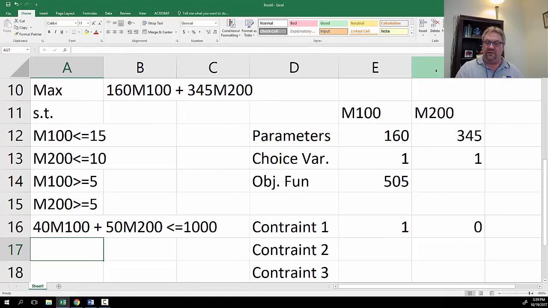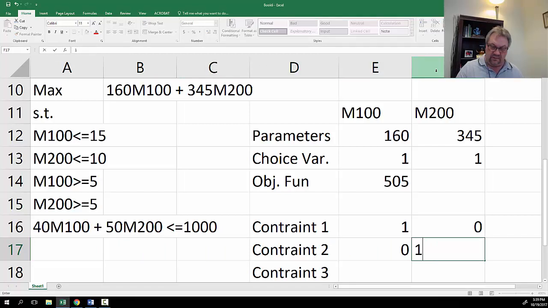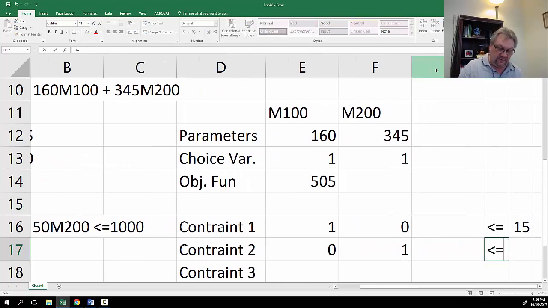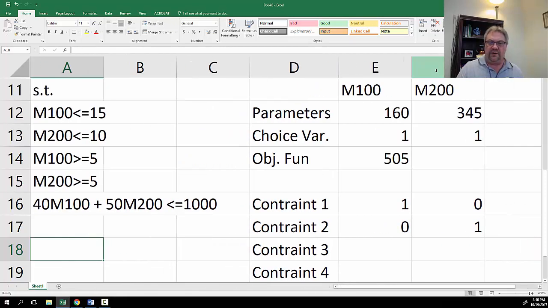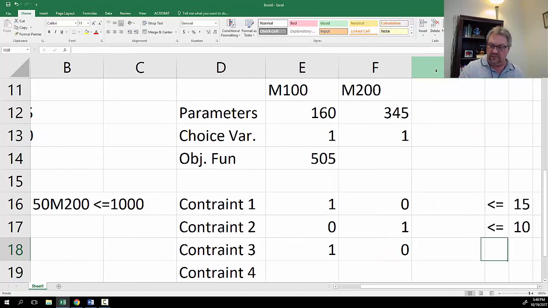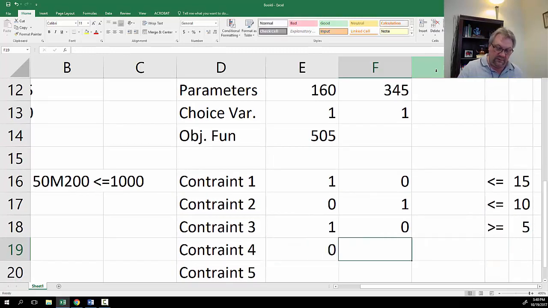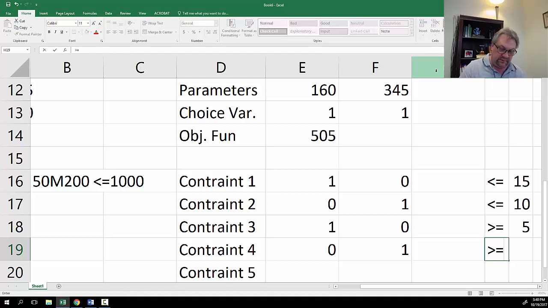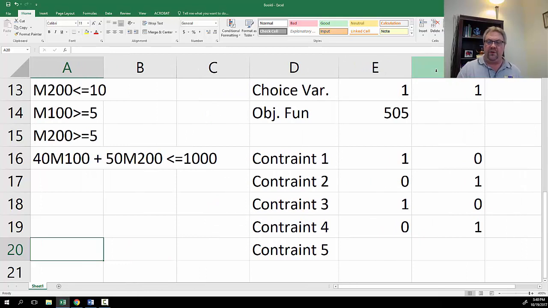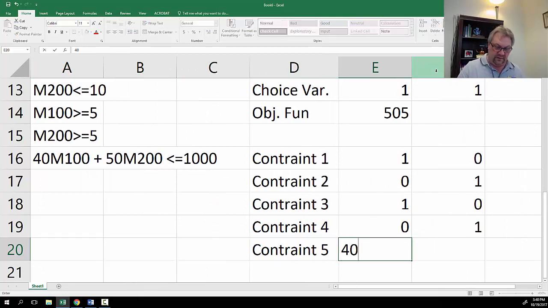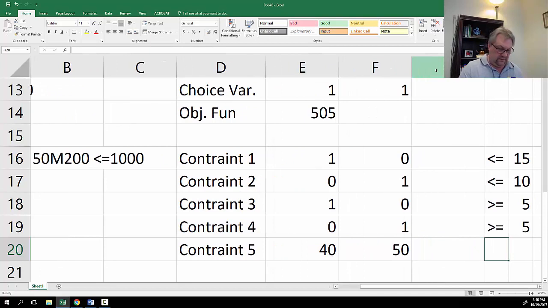Constraint 2, 0, 1, less than or equal to 10. Constraint 3, 1, 0, greater than or equal to 5. And then constraint 4, 0, 1, greater than or equal to 5. And then constraint 5, 40, 50, less than or equal to 1,000.